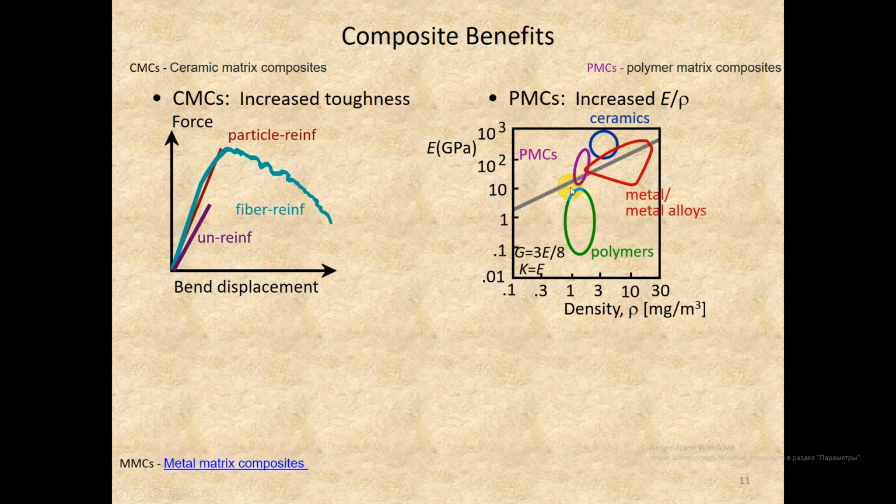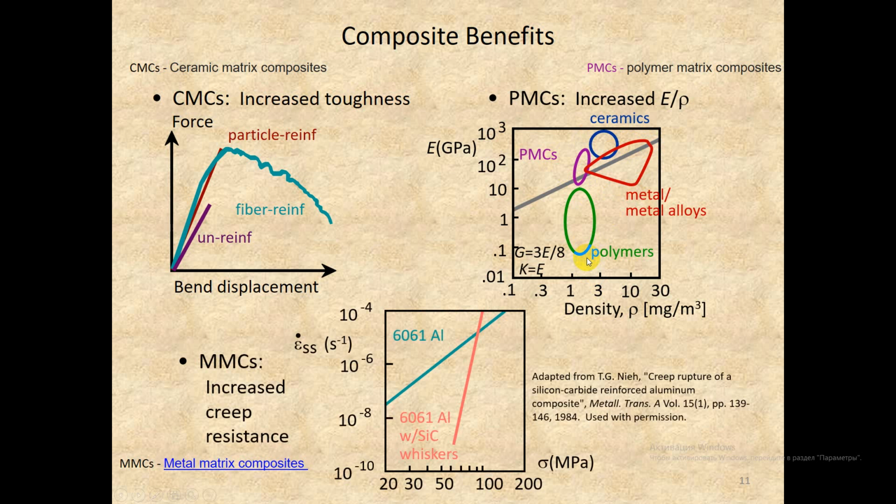So you can see Young's modulus against density for polymers, for polymer matrix composites, and for ceramics and metal alloys. And metal matrix composites: increased creep resistance.